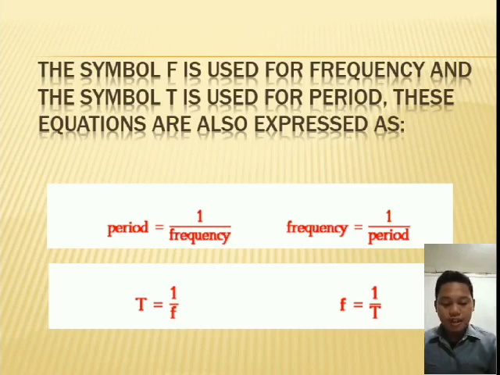This equation can also be expressed as the formula to get the period. As you see on your screen, period is equal to 1 over frequency, and frequency is equal to 1 over period. In the other form, T is equal to 1/f and f is equal to 1/T. That is the formula for period.